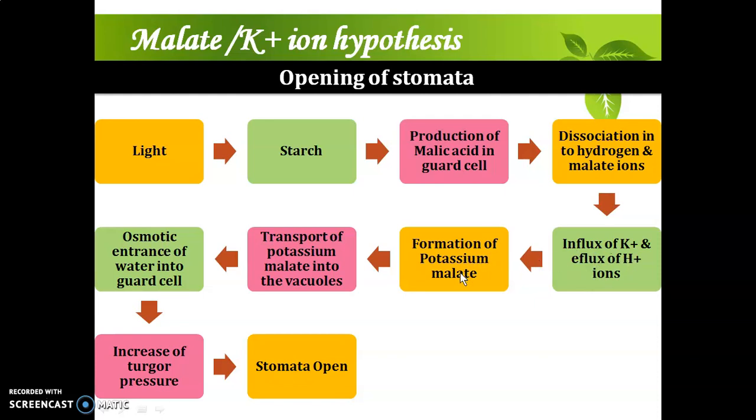Formation of potassium malate occurs and transport of the potassium malate into the vacuoles, which increases the osmotic pressure of the cell, due to which osmotic entrance of water into the guard cell occurs from the mesophyll cells.